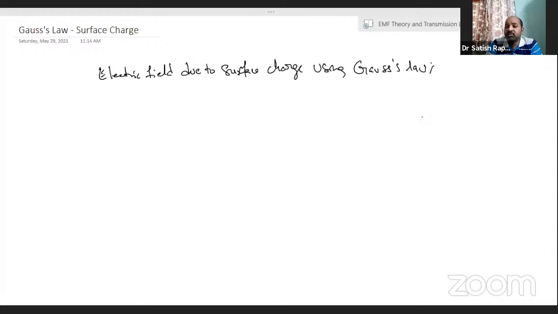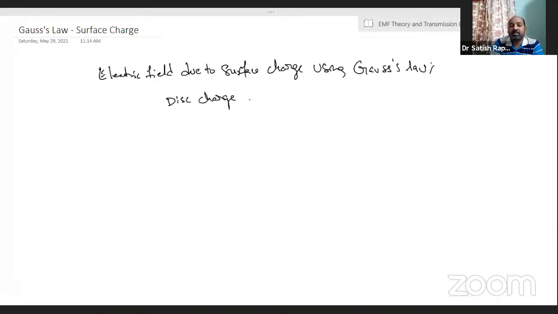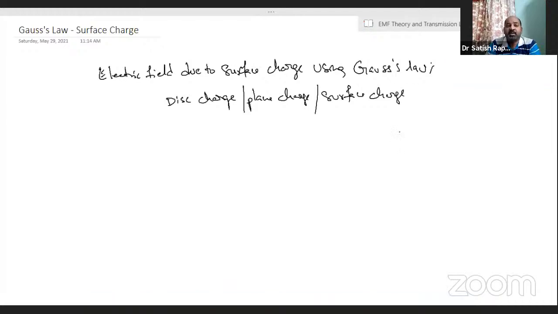So let us assume a surface. Here I will assume a disk charge. As I have said earlier, disk charge or plane charge or surface charge are the same, right? All are the same.